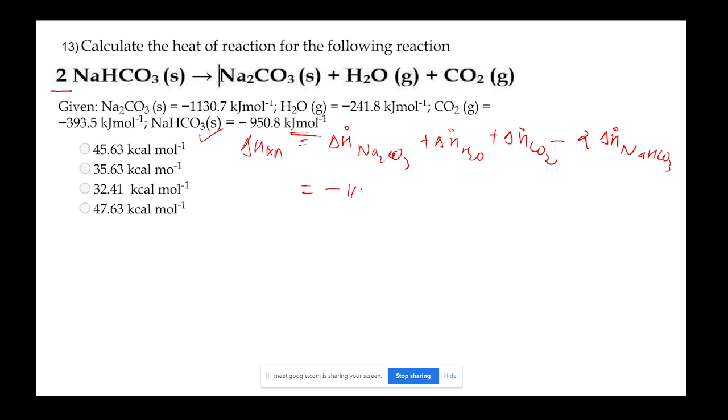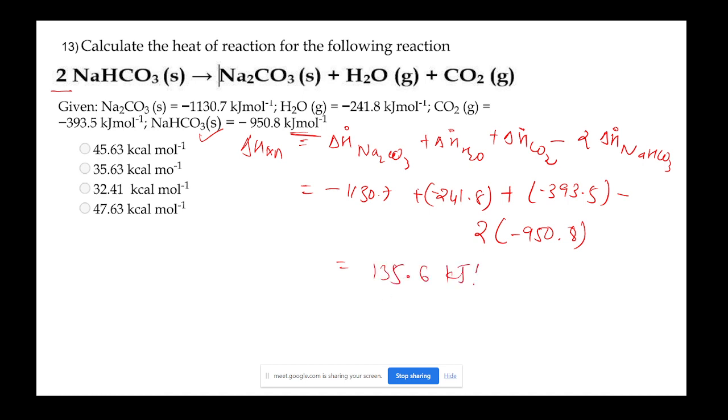So if I substitute each and every value, this will turn out to be 135.6 kilojoule per mole.